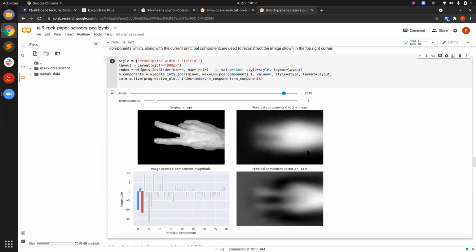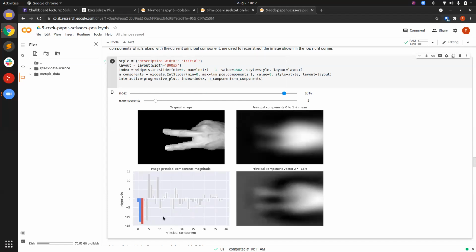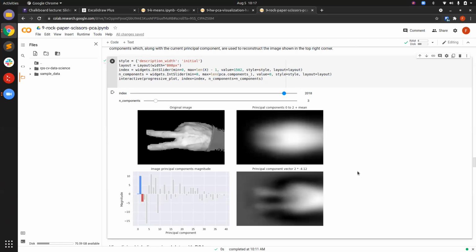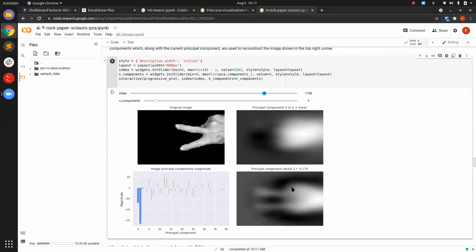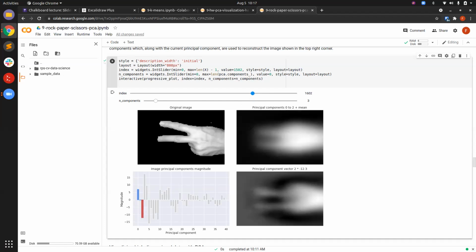For the scissors, we can see these tend to have a larger magnitude for this because this very specifically encodes the inverse of having two fingers spread out. But of course, it all still depends on the position of the hand within the image.